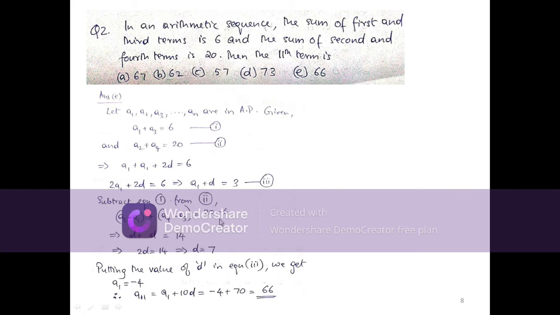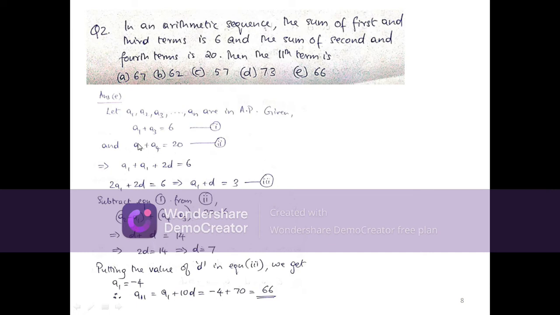So what is 20 minus 6? 14. Okay, so what is a2 minus a1? It is a1 plus d minus a1, so you have d. a4 minus a3 is a1 plus 3d minus a1 minus 2d, so it will be d.